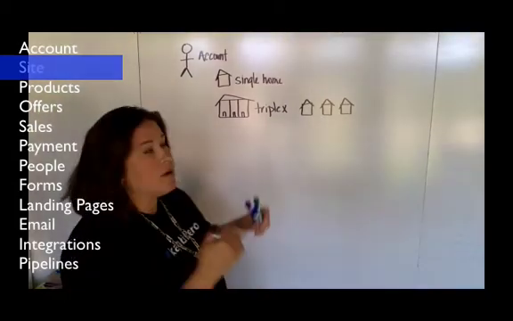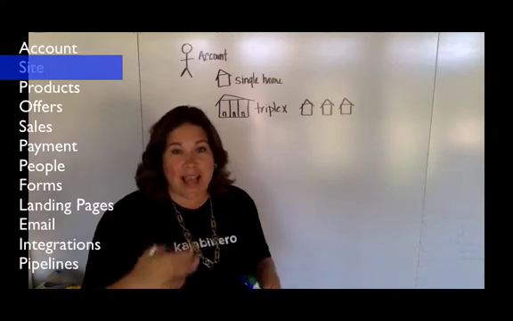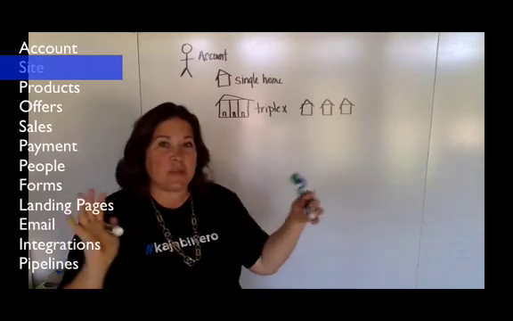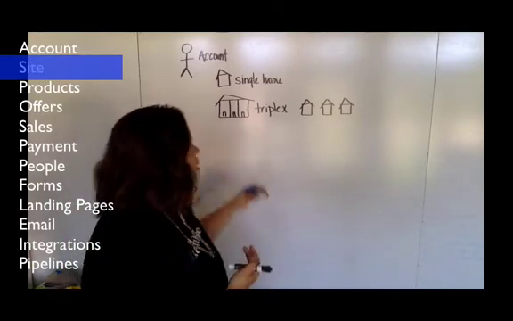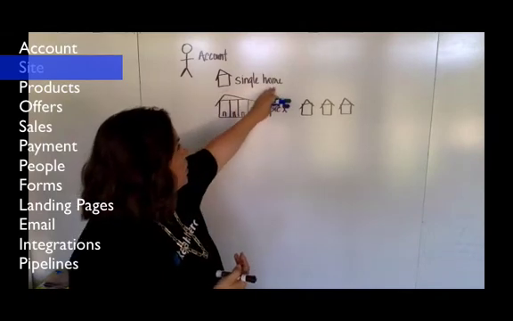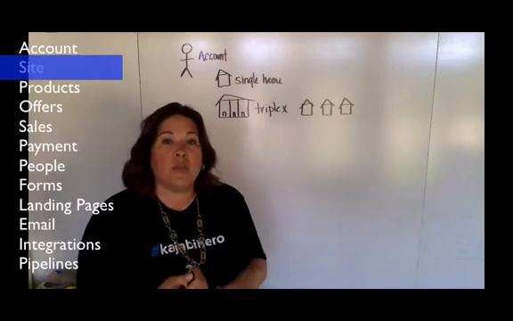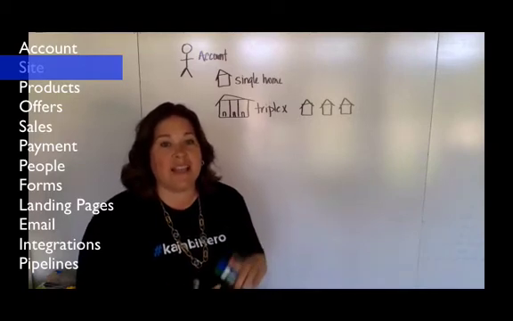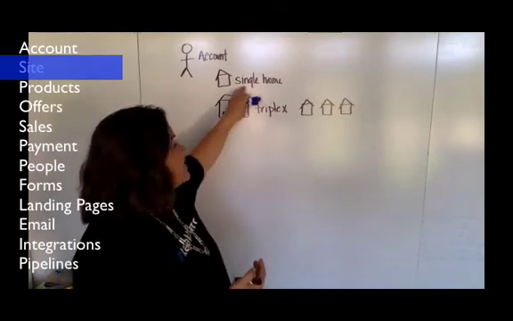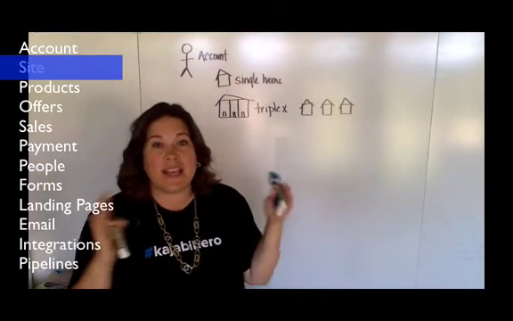Now, we're going to erase different pieces as we go so that I can keep showing you how it all layers together. When you're putting together all of the pieces we're going to go through next, products and offers and sales pages and payment and people, all of it's happening within a single home.